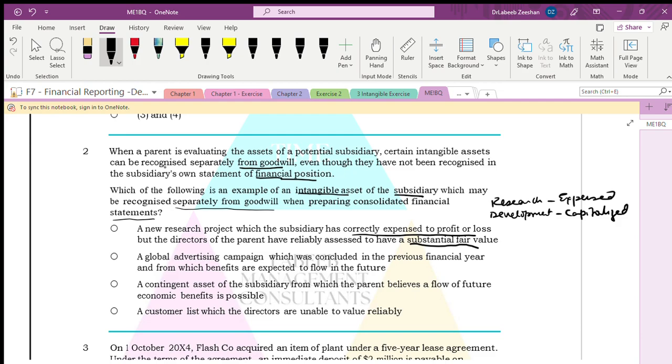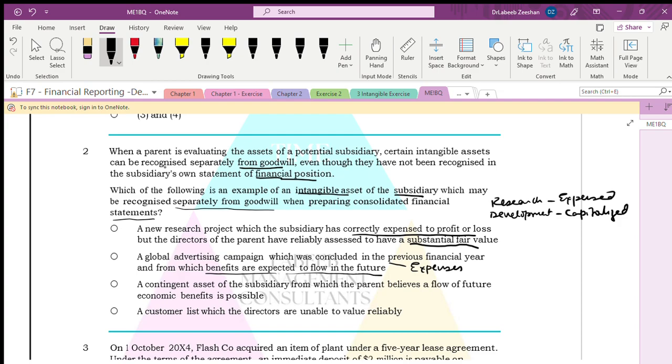Okay. Now, a global advertising campaign which was concluded in the previous financial year, from which benefits are expected to flow in the future. See, when you are talking about an advertising campaign, it is basically expenses. There is nothing we can think about it.